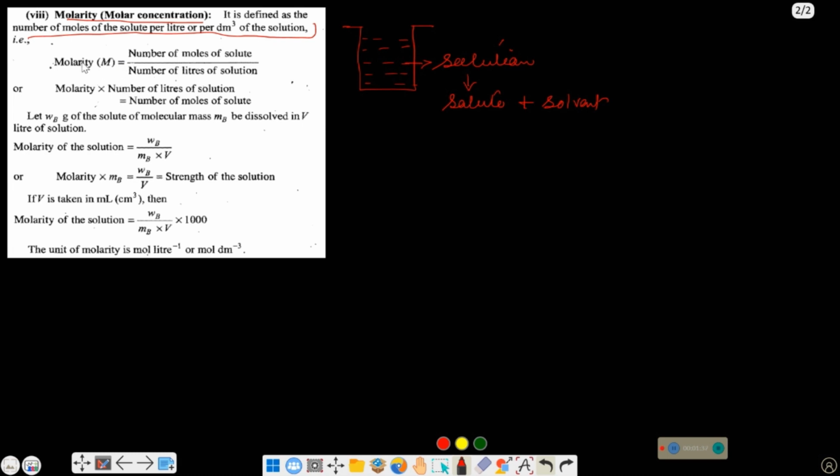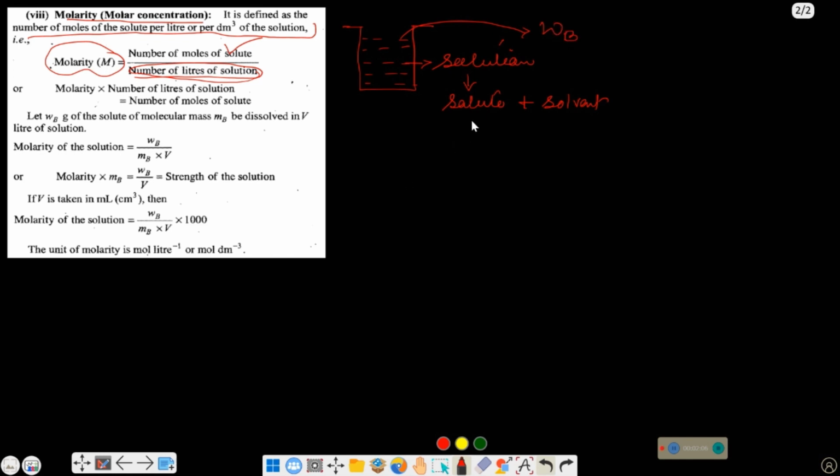Now what molarity is saying is that first we need to calculate the number of moles of solute present in the solution, then in how many liters of the solution we are making that particular molar concentration. So first thing is to calculate the number of moles of solute. For that, we need to know the weight of the solute.